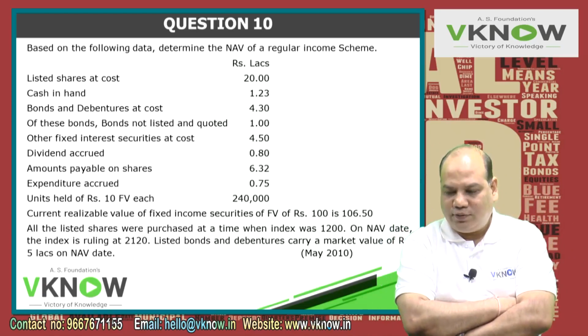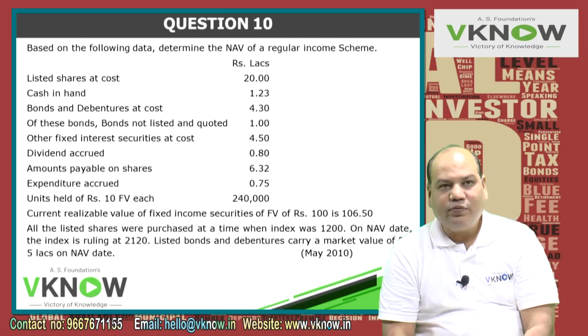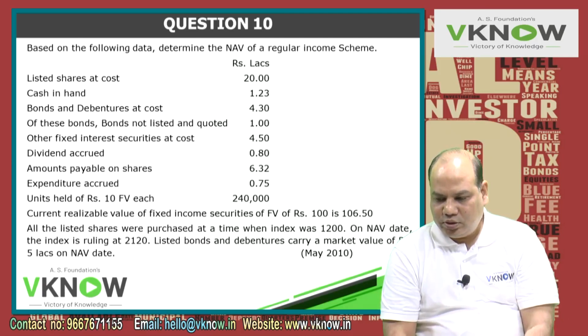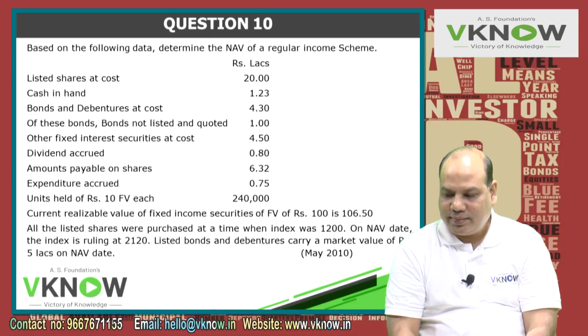Based on the following data, determine the NAV of a regular income scheme. Listed shares at cost, cash in hand, bonds and debentures at cost. Of these bonds, bonds not listed and quoted.